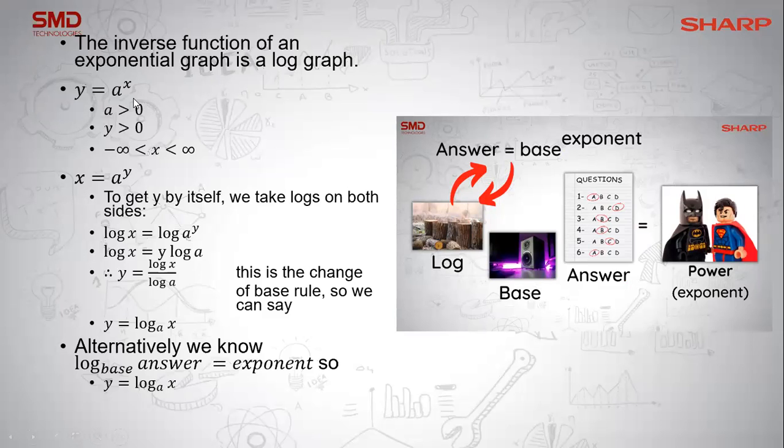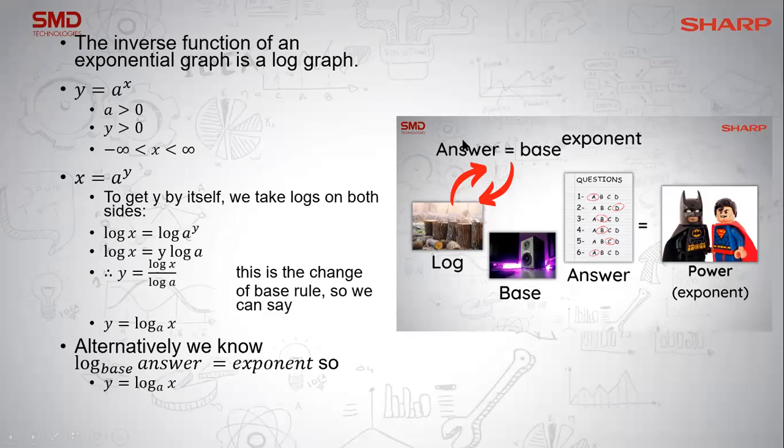There's two ways to prove this. The first is switch your x and y values around. So there's my original. And then get your y by itself. So we have to take logs and divide. And this is the change base rule. So then it becomes log base a, which is at the bottom, times x. Now there's a much shorter way to do this, particularly because these log rules are not learned by the students anymore.